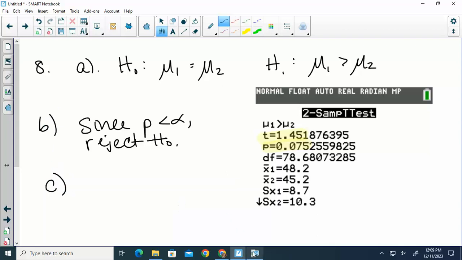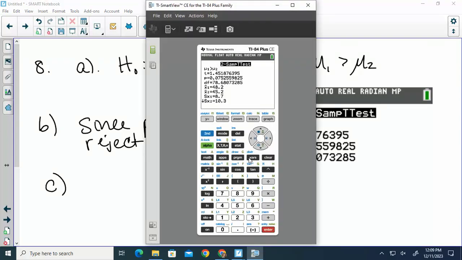Part C, I asked for a 96% confidence interval for the difference in the means. So what do we go to? Two sample T interval. Okay, basing off stats, it already has everything that we entered.